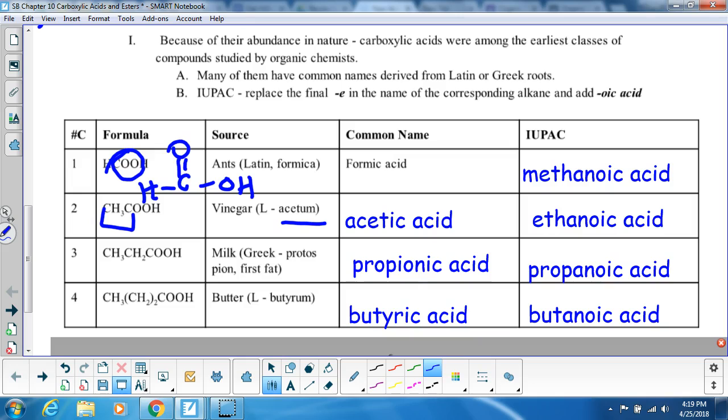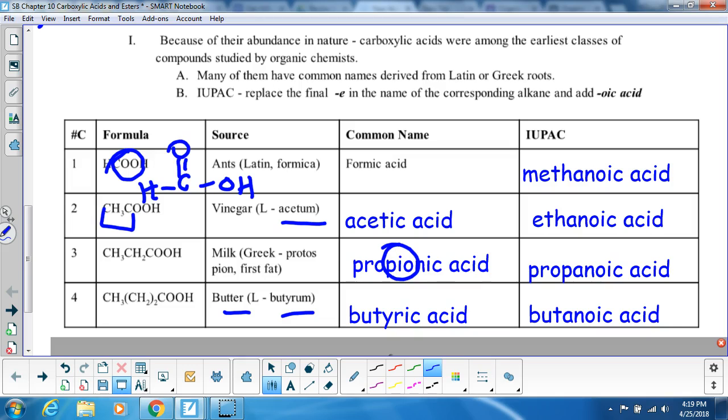It's your first fat, and that's where you get propionic acid, but in IUPAC we changed those letters a little to get propanoic acid. Butyric acid, notice our word for butter came from that, so butyric acid or butanoic acid.